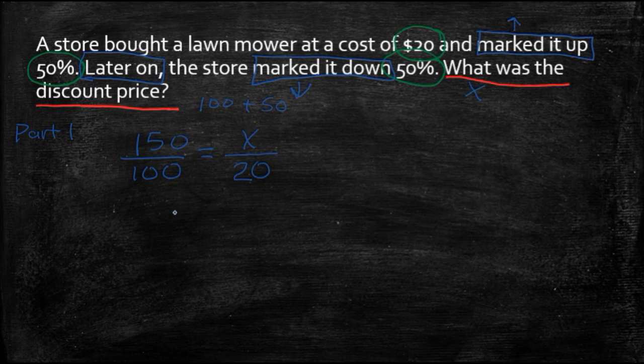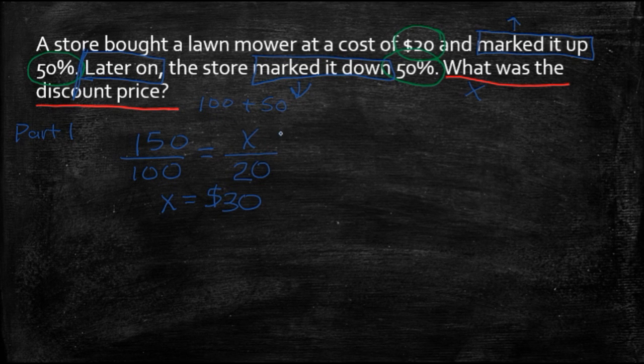Go ahead and pause the video and solve this. And then come back and resume once you have solved for the variable. So you know that part 1, the answer is 30, but we're not finished yet. We're only right here.